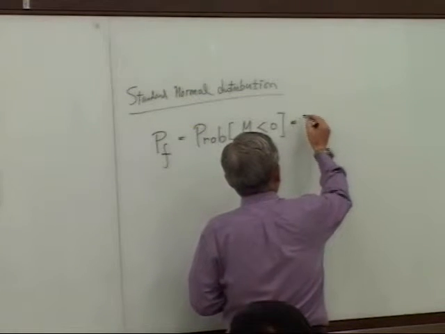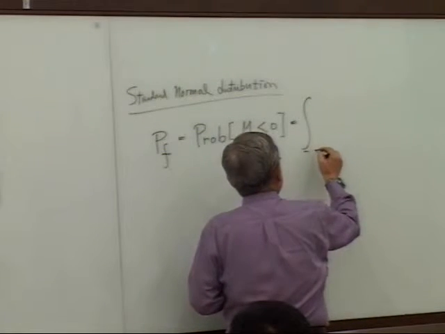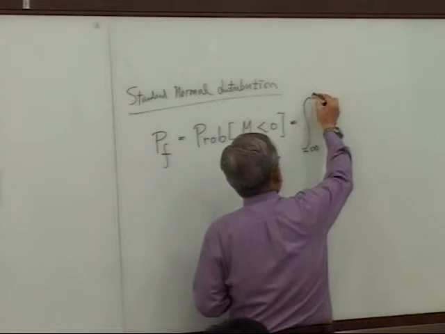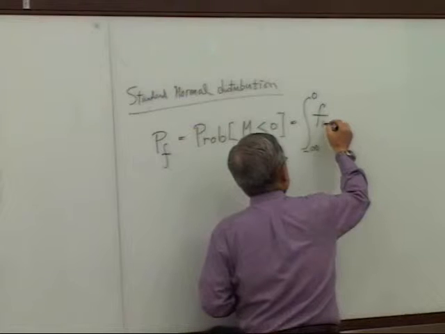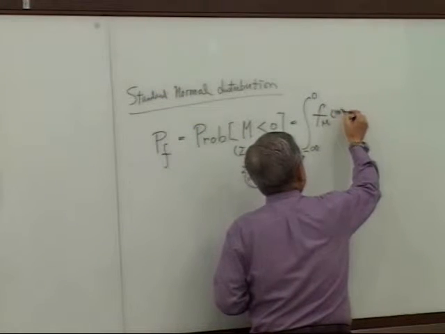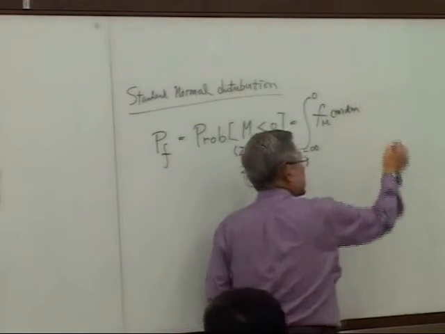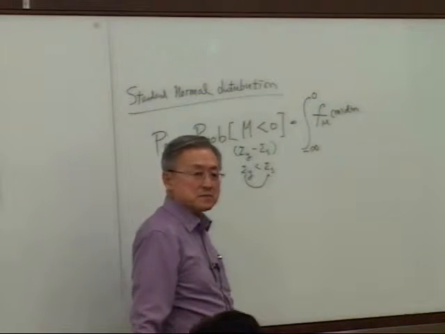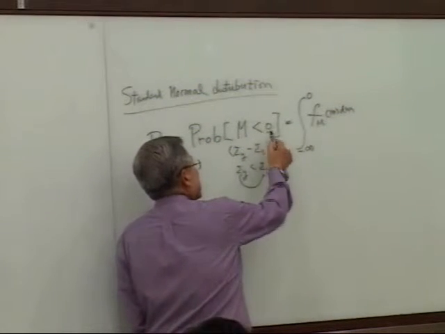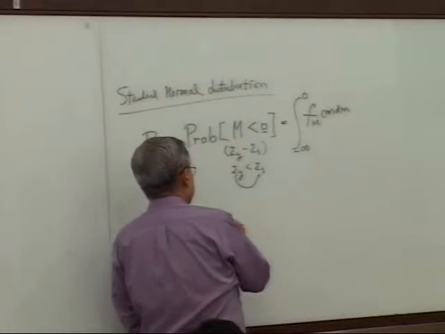So this is minus infinity to 0, then Fm m dm by definition, right? Because this is up to 0.